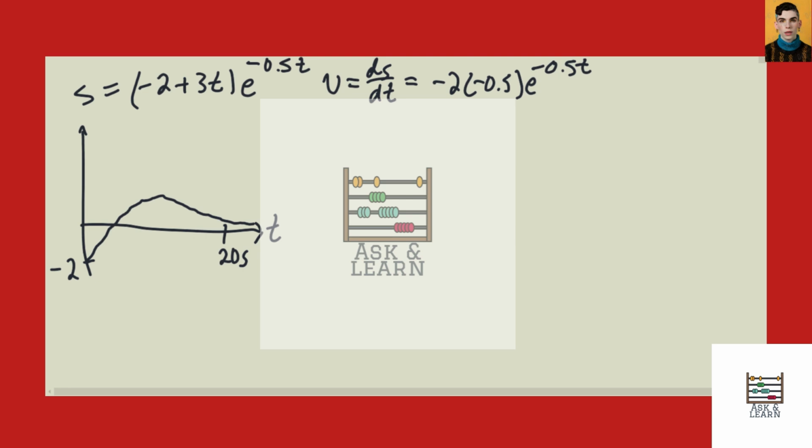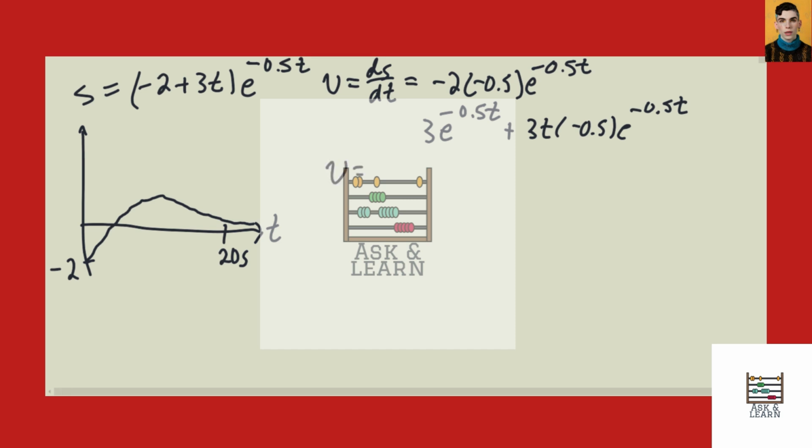We have 3t e to the minus 0.5t. So first you take the derivative of the term on the left side, which is just 3, and then multiply it by the term on the right side. And then we keep the left side and take the derivative of the right side. So plus 3t, the derivative of e to the minus 0.5t is just minus 0.5 e to the minus 0.5t.